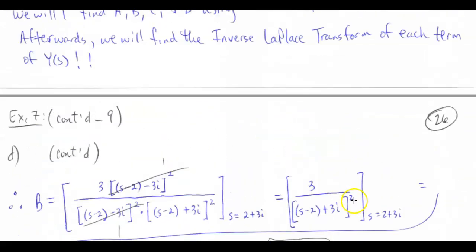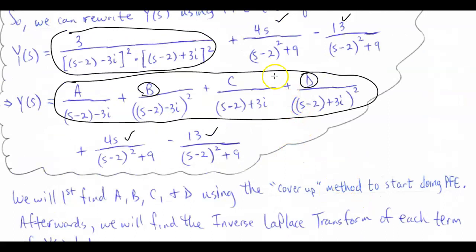So we start off, we take this expression here. And of course, if I want B, then what I do is I say this is going to be 3 divided by the denominator that it does not have, and I'm going to evaluate it at the value that makes the denominator that we do have go to 0. Okay.